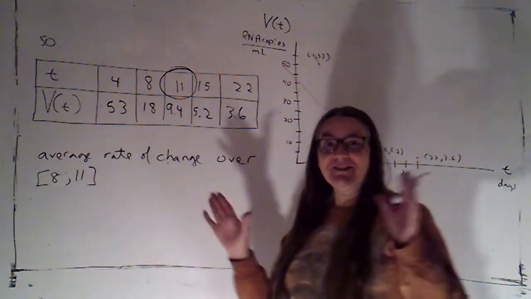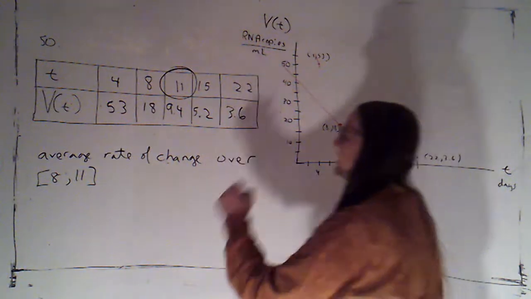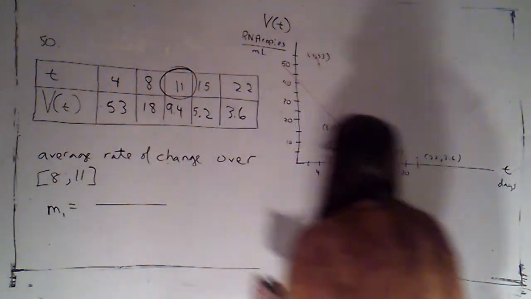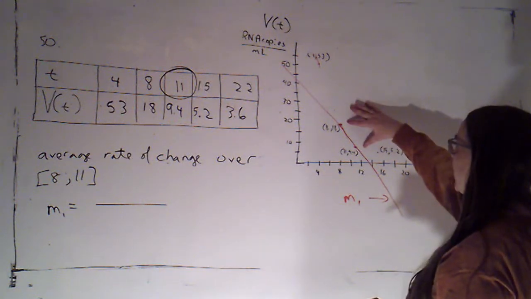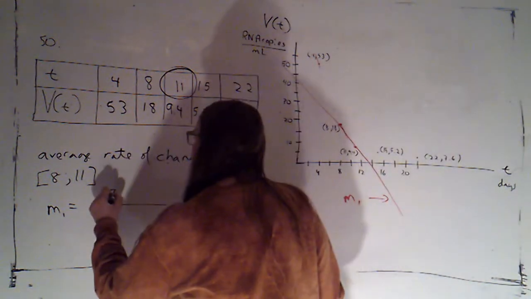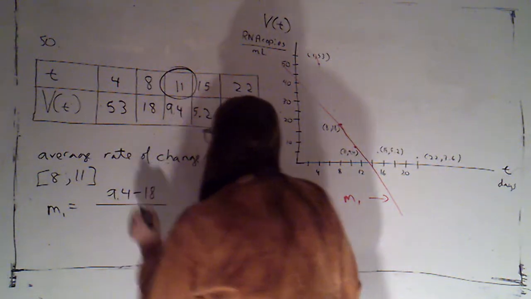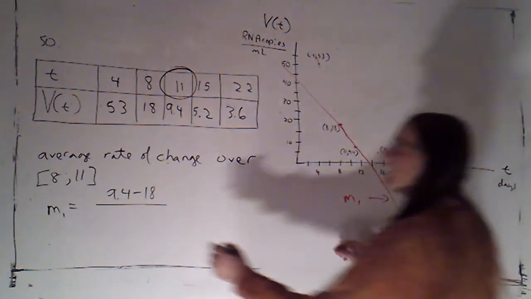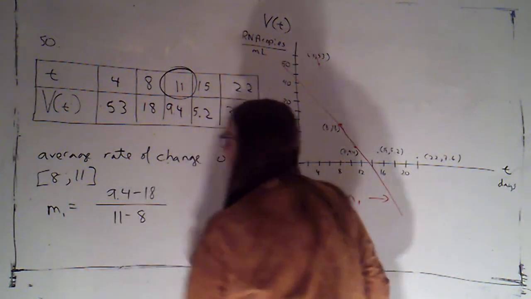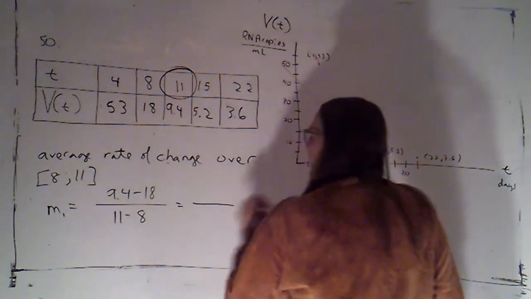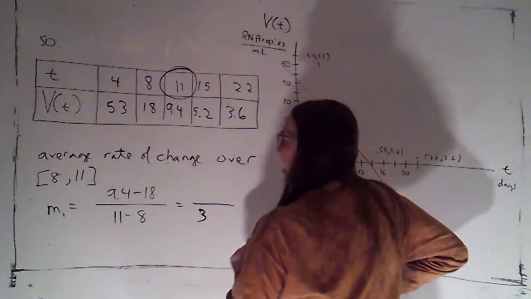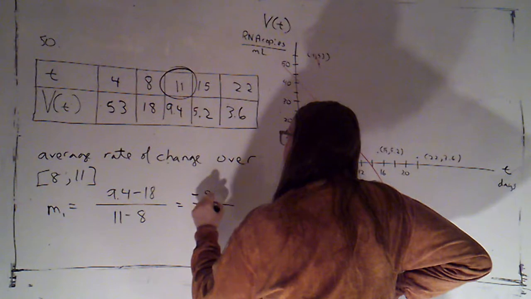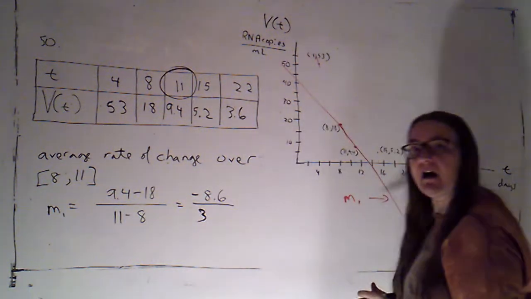And we want to make sure that we take a look at what the units are as well. So this is just going to be M1, which is just rise over run. So that's going to be the change in Y, 9.4 minus 18, over the change in T, 11 minus 8. So that's going to be a 3 on the bottom, and that's going to be a negative 8.6 on the top.